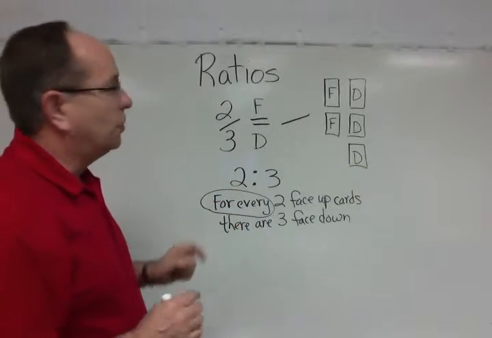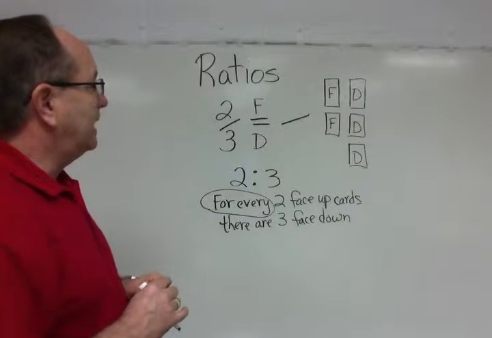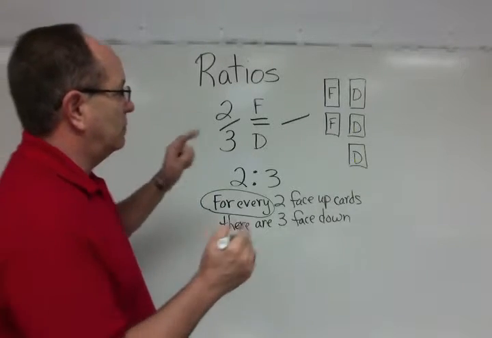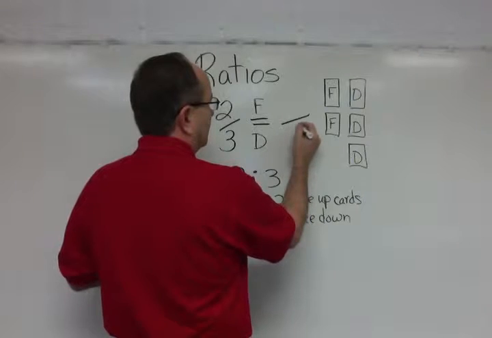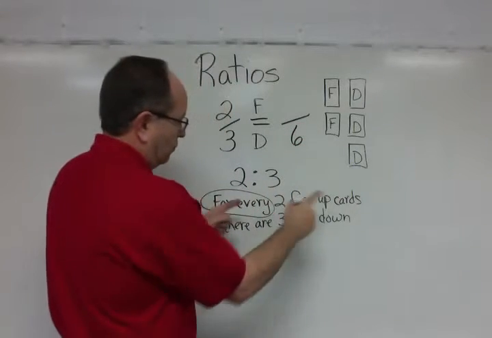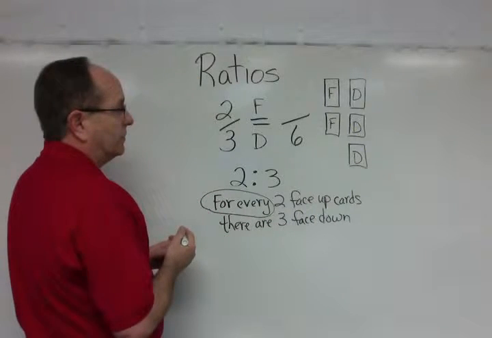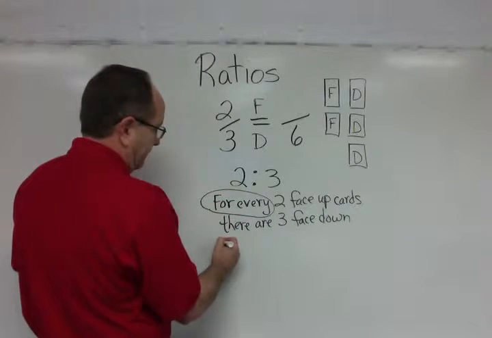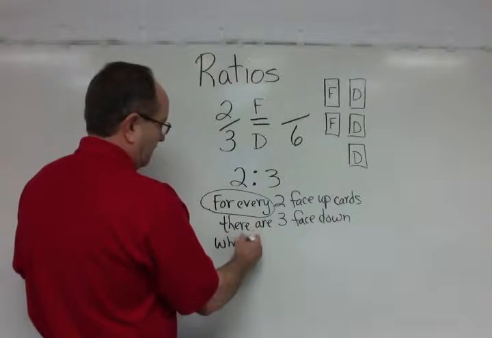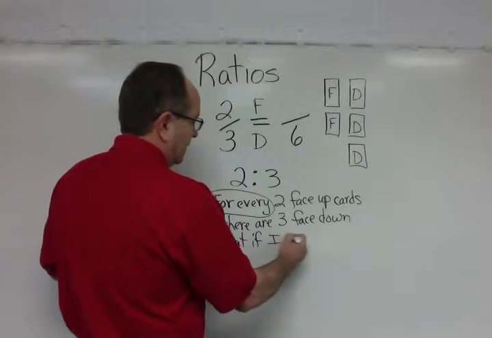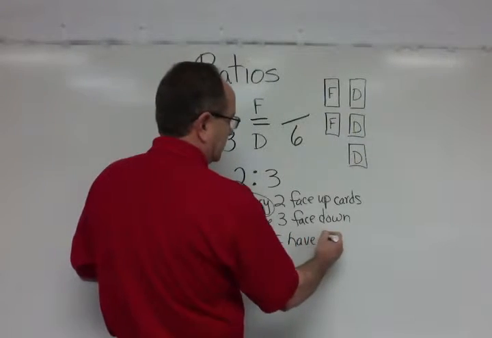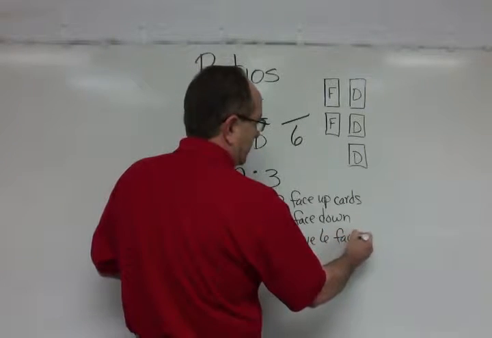So the problem could be: for every two face up cards, there are three face down cards. Now what if I have 6 face down cards?